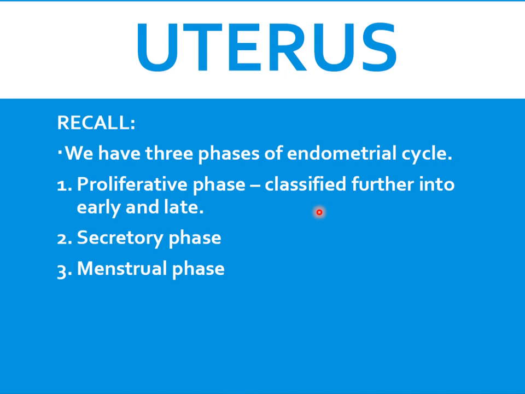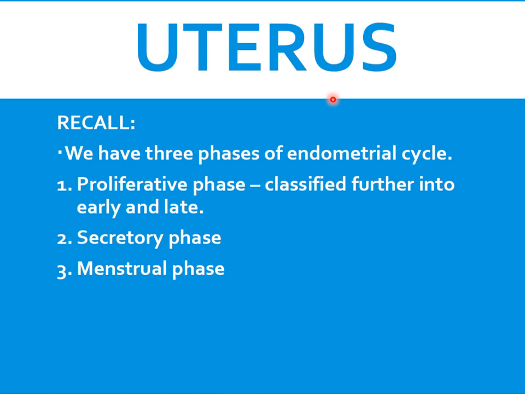Okay. Next naman, ang important sa uterus is the phases. Lalo na sa mga pathologists, kapag naka-receive ng uterus, kailangan din ma-identify at which phase of the endometrial cycle na yung natanggap nilang specimen. So, endometrium or uterus, okay?